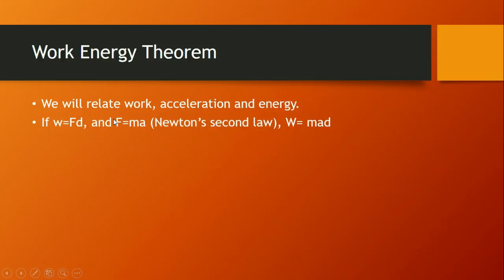And since force equals mass times acceleration, we can substitute it into the work formula, and we get work equals mass, acceleration, and d, or distance. So work equals mad.